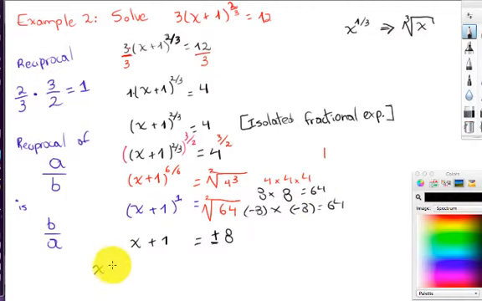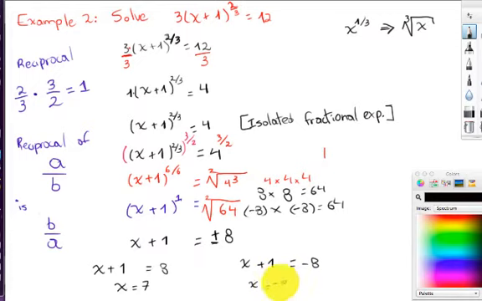So now I have, similar to what we did when we were doing quadratics, two different equations, right? One of them is going to be x plus 1 equals positive 8, and the other one is going to be negative 8. So we're actually going to have two solutions here, 7, and the other one is going to be negative 9.